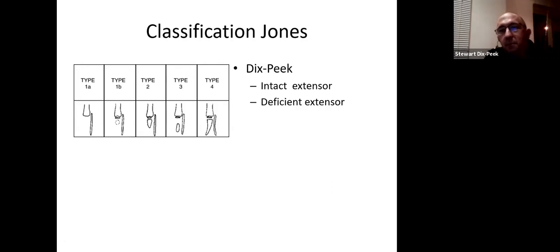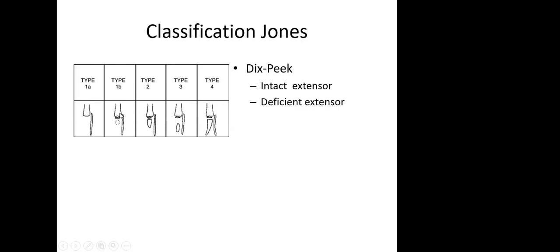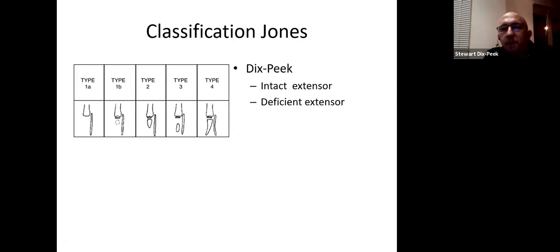And I think that just practically makes a difference, because if you've got an intact extensor mechanism, call it, for want of a better term, a Dix-Peek A or 1, that would then include the type 4, the type 2, and probably the 1B. Does that make sense so far? Yeah. And I think that's probably evident, certainly clinically, within the first year of life.